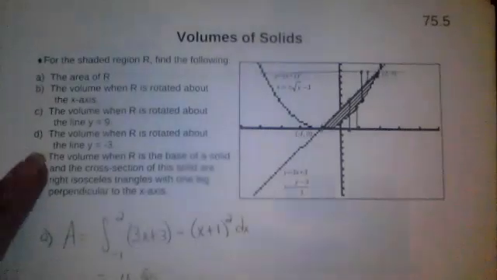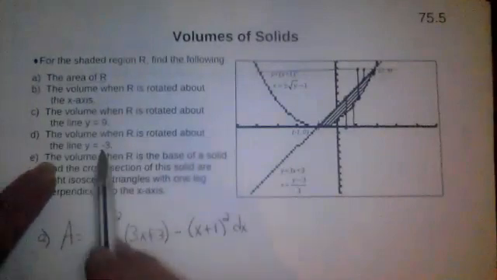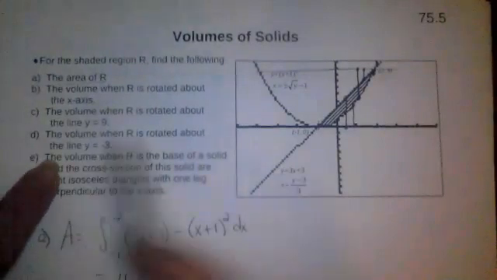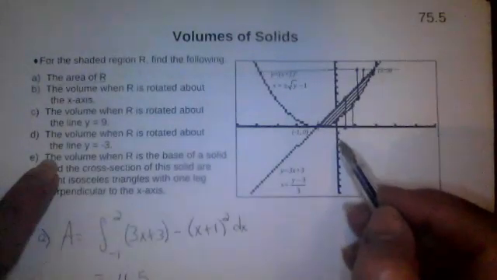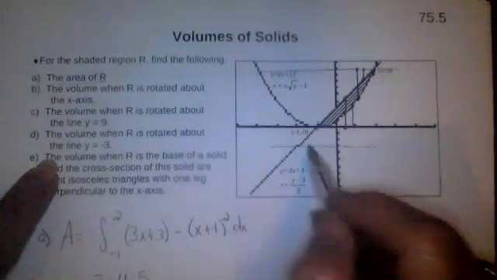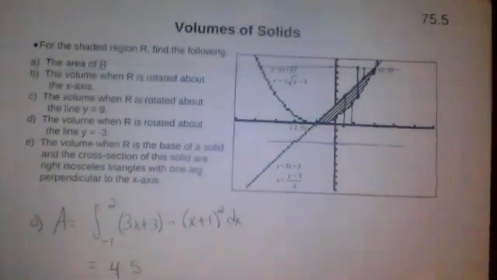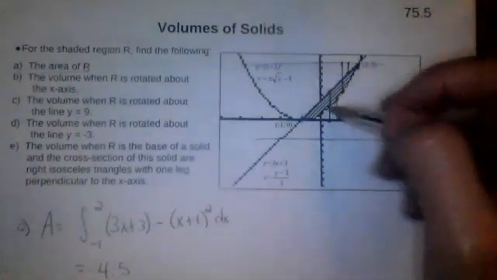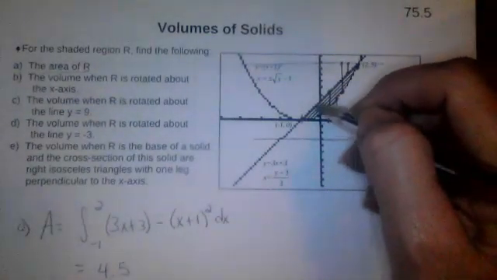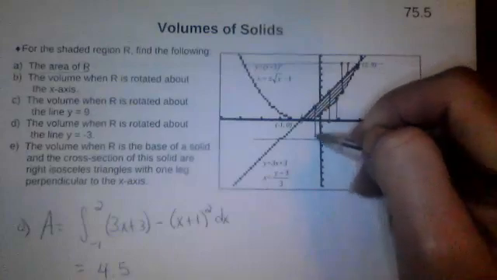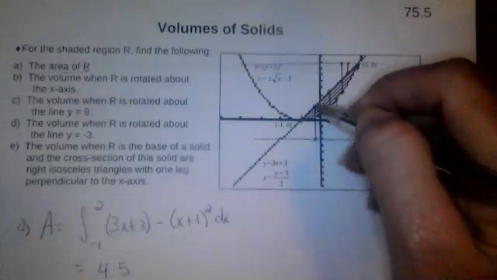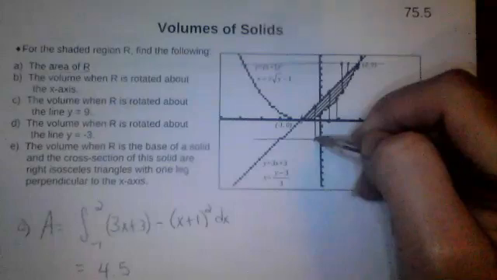All right, part D wants us to find the volume rotated about the line y equals -3. So -3 is going to be down here, but it's still a horizontal line, so our outer radius, the bigger radius, is going to be top curve minus bottom curve, so the line minus -3.